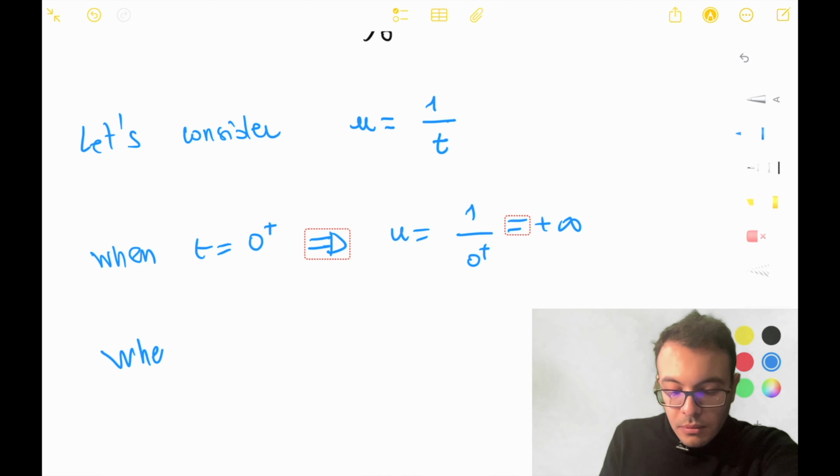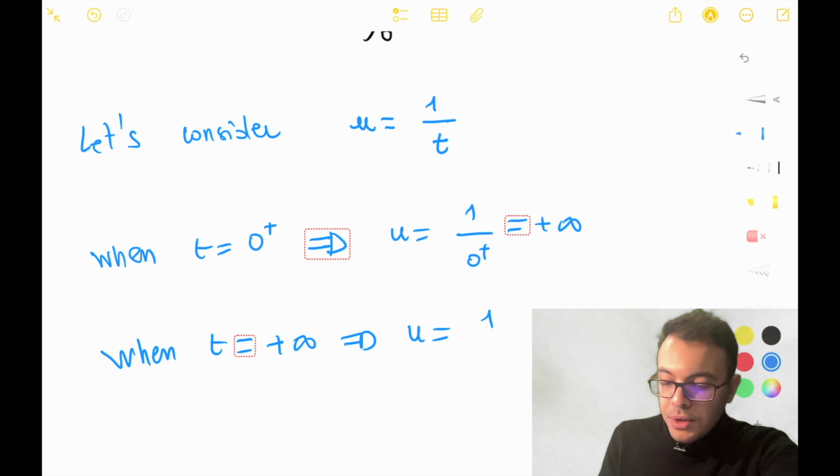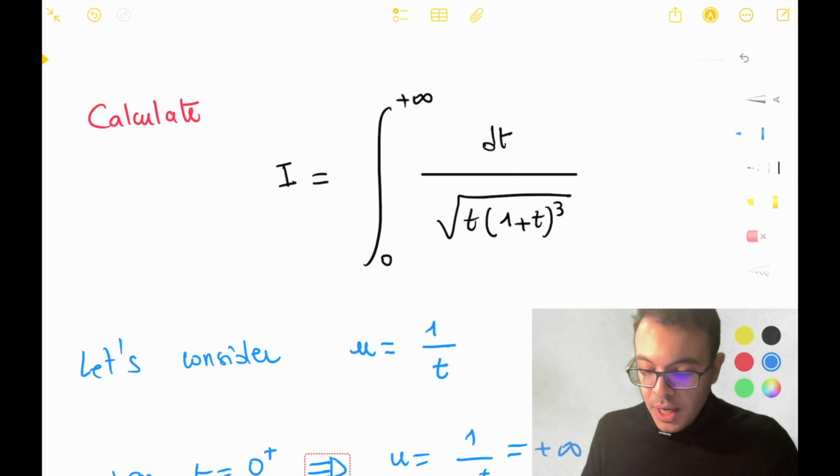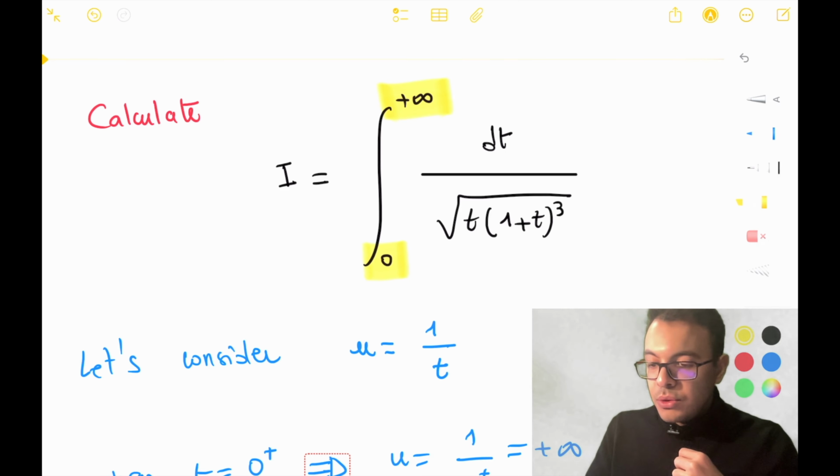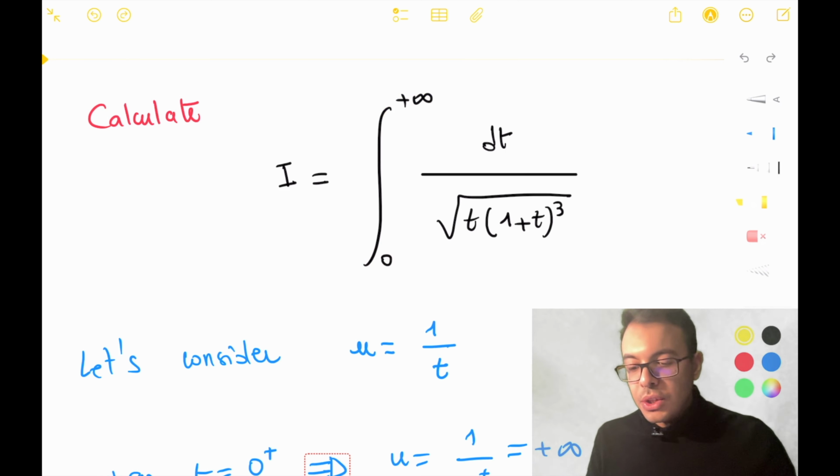When t equals plus infinity, u equals 1 over plus infinity, of course, so it's 0 plus. So the first thing we can do here is to change the borders of the integration.